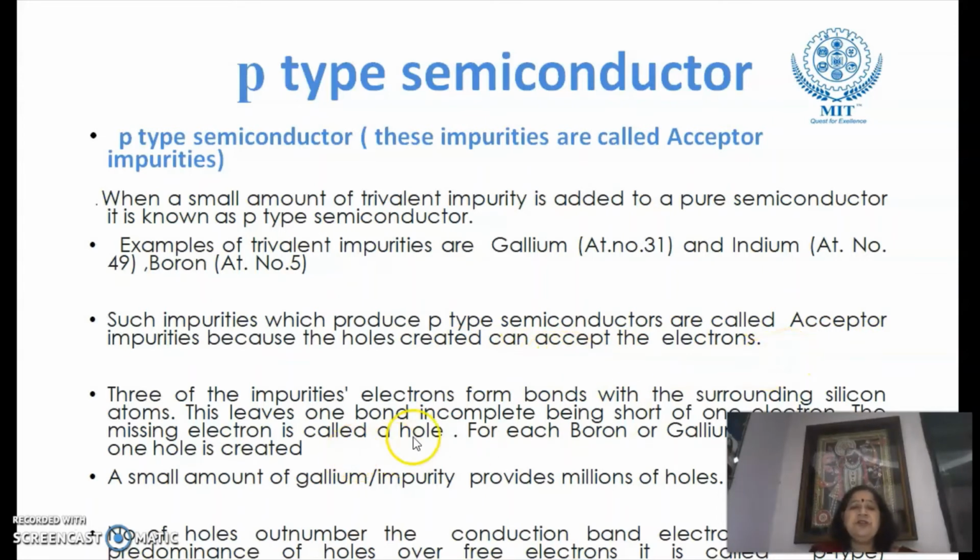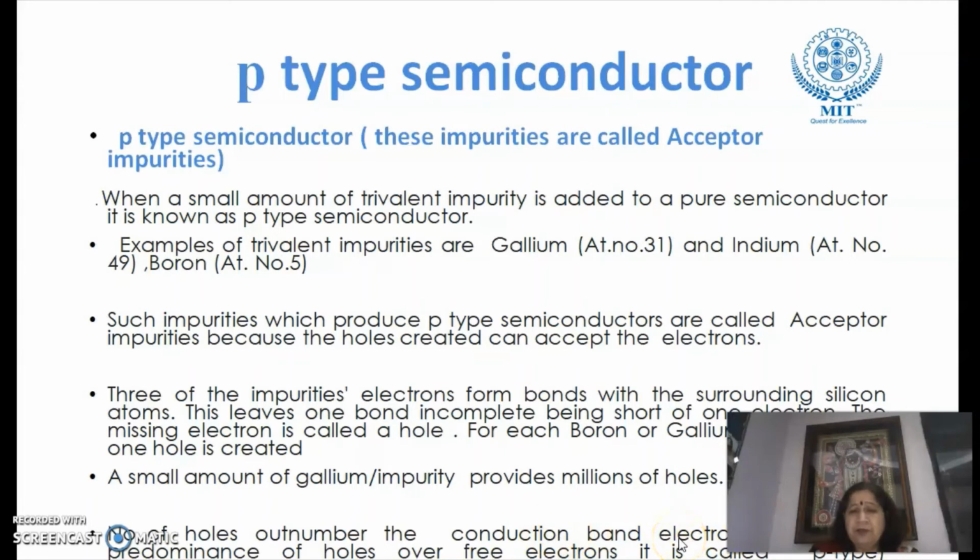3 of the impurity's electrons will form 3 covalent bonds with the surrounding silicon atoms, and it will create 1 hole, which indicates absence of electron. A small amount of gallium impurity provides millions of holes. So the number of holes outnumbers the number of electrons. Why?